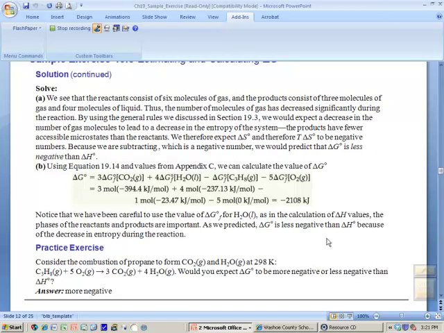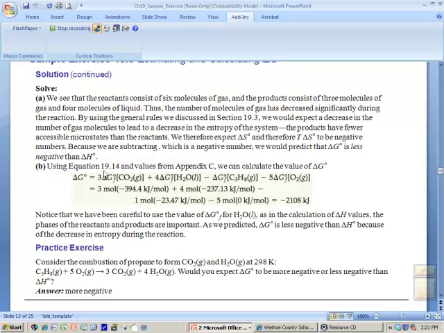Using the balanced equation, look at all the work that they did. They always put the products before the reactants. So look up your delta G's for CO2, H2O, C3H8, and do you really need oxygen? Do you really need to find the delta G for O2 gas? No, that's going to be a 0.